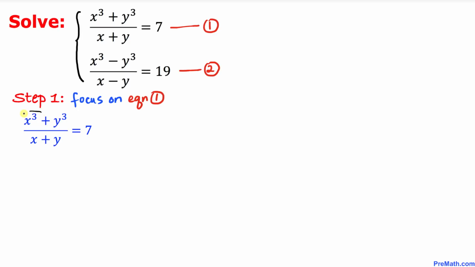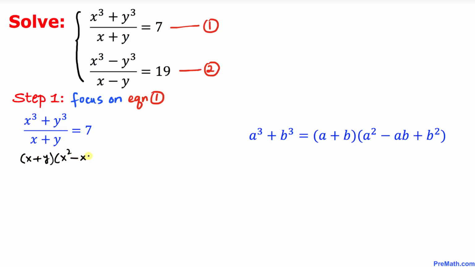Now let's focus on the numerator part only. And now we are going to use this formula a cube plus b cube. So our numerator could be written as a product of two factors, x plus y times x square minus xy plus y square, divided by x plus y equals 7.